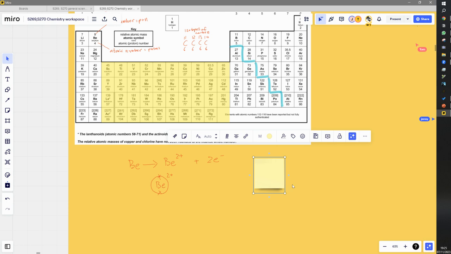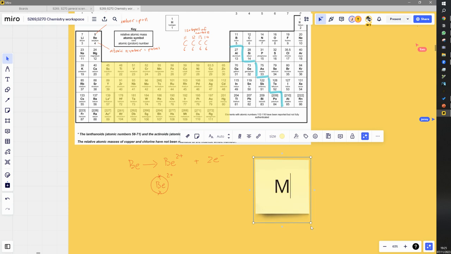So just to differentiate between metals and non-metals. Metals lose electrons, form positive ions, and have a small number of electrons in the outer shell.